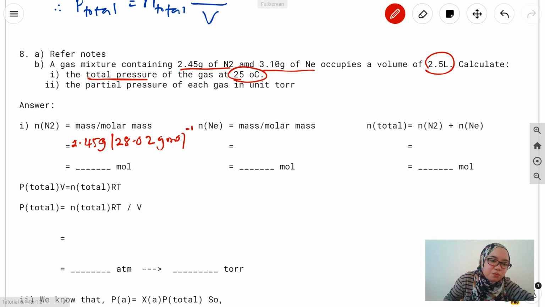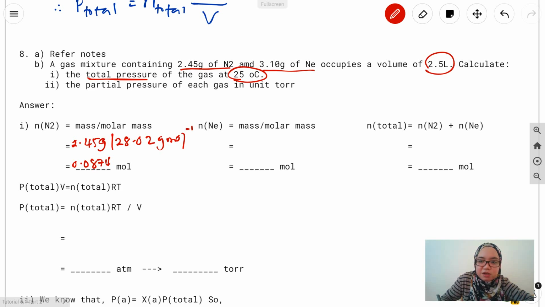So when you divide 2.45 by 28.02, you will get 0.0874 mole. Okay, 0.0874 mole.